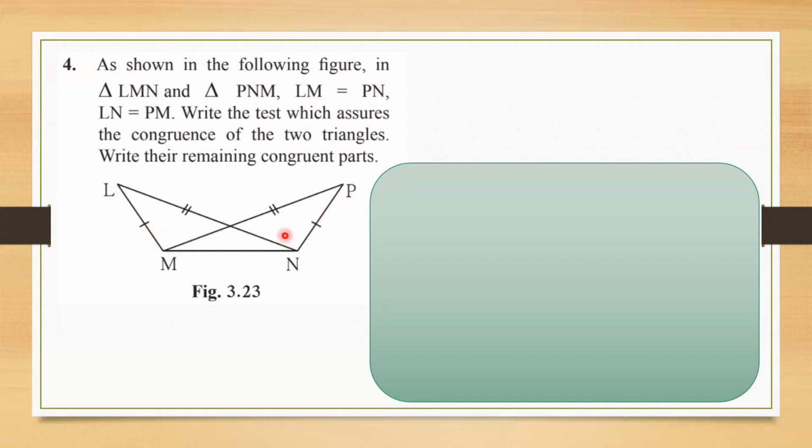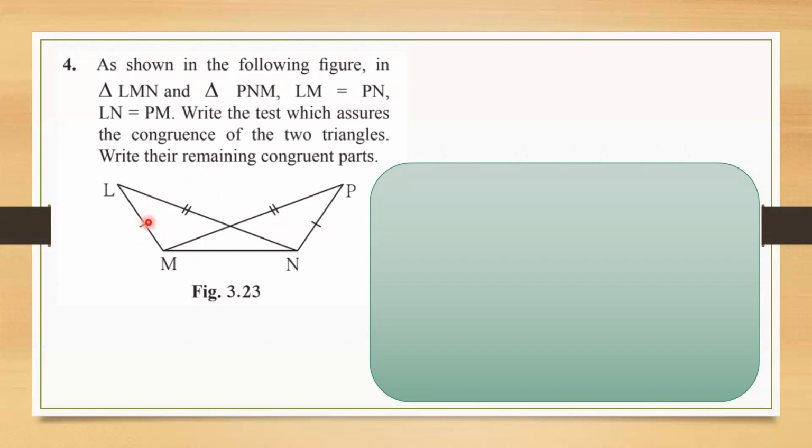You can definitely see here because both have the same symbol, single line, and LN is congruent to PM, and definitely they both have the same symbol, double line. What do we have to do? Write the test which assures the congruence of the two triangles. So you have to write the test through which these two triangles are congruent, and write the remaining congruent parts.